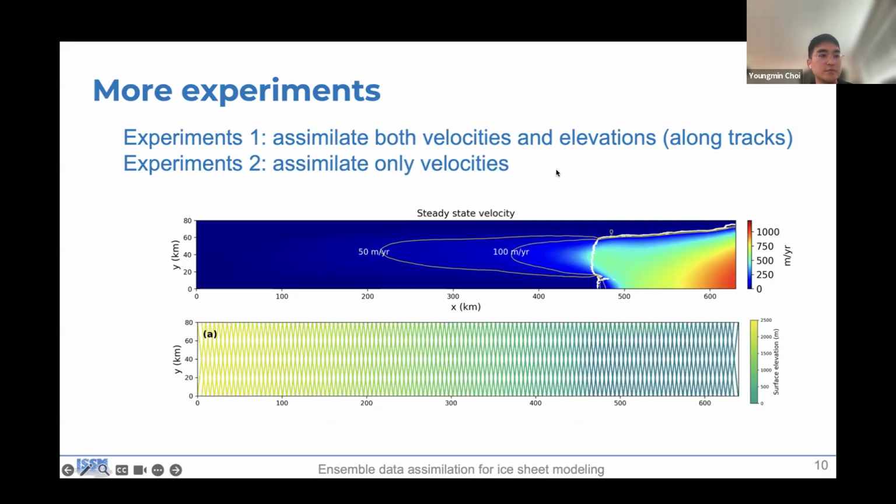From these experiments, we can see the impact of assimilating surface elevation data for our model setup. Here we assume a more realistic surface elevation, which is data along this synthetic ground track, which we try to mimic from the reference ground track of ICESat-2.